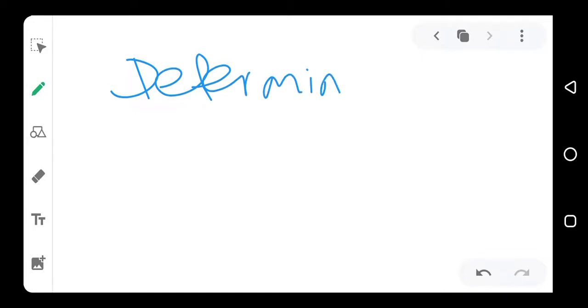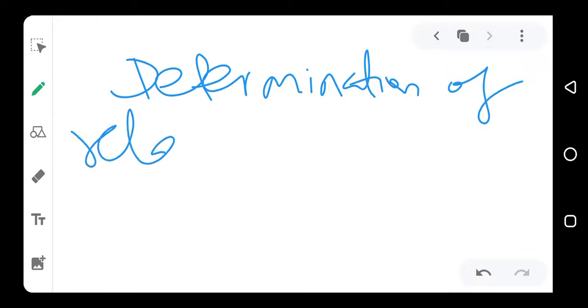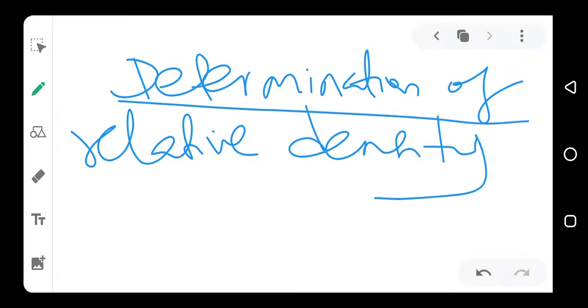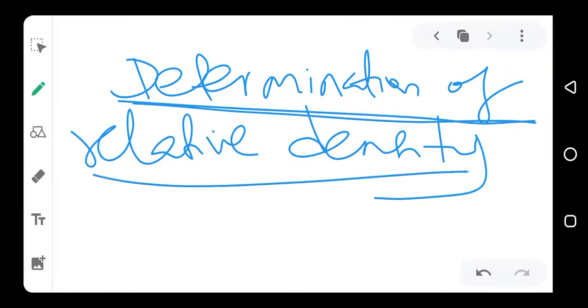Now we look at the ways we can determine relative density. How can we determine or measure the relative density in the laboratory?